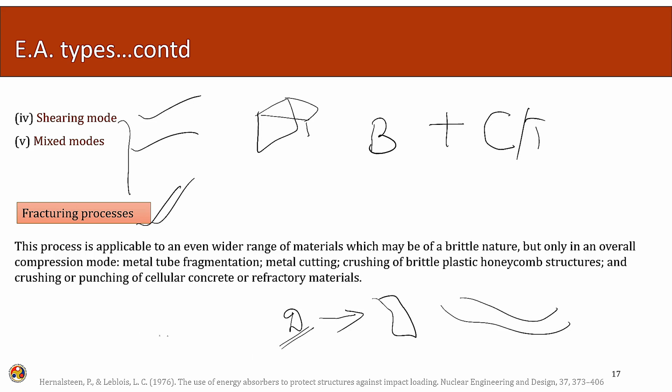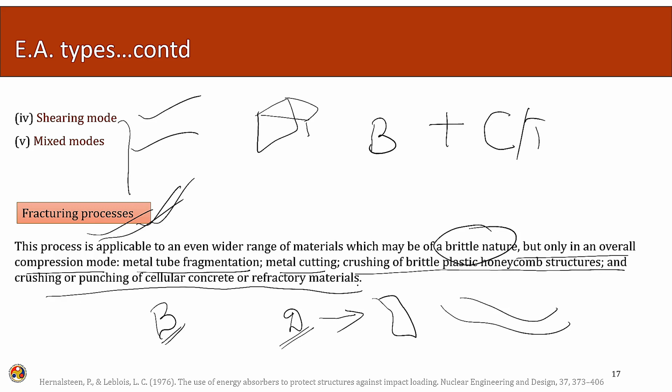If the material is brittle, then there are chances of a fracture process occurring. They occur in the overall compression mode, like metal tube fragmentation, metal cutting, crushing of brittle plastic honeycomb systems, and crushing or punching of cellular concrete or refractory material. In these cases our fracture mode comes into the picture.